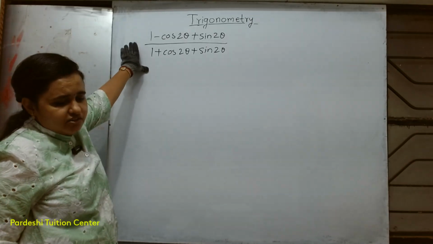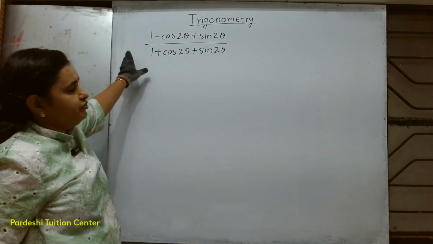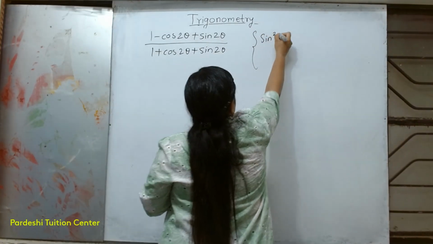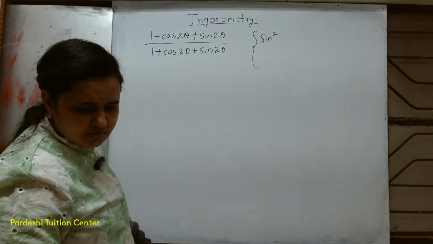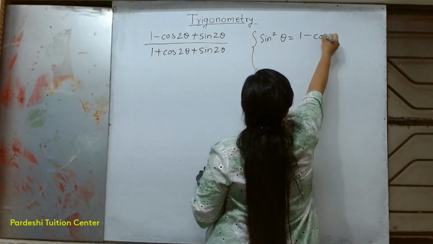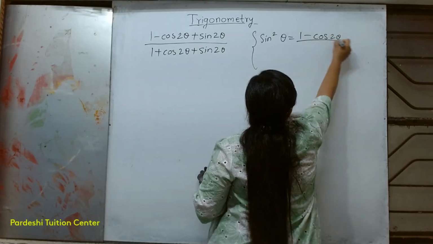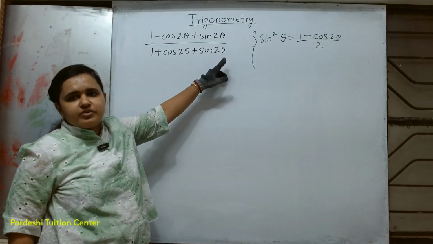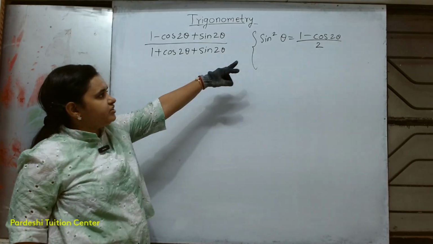Now 1 minus cos 2 theta. If we write sin square, the formula for sin square theta is 1 minus cos 2 theta upon 2. That was the formula, sin square theta equals 1 minus cos 2 theta upon 2.